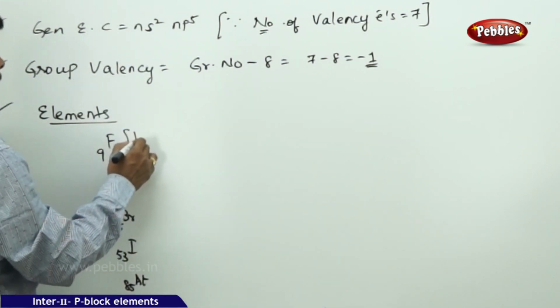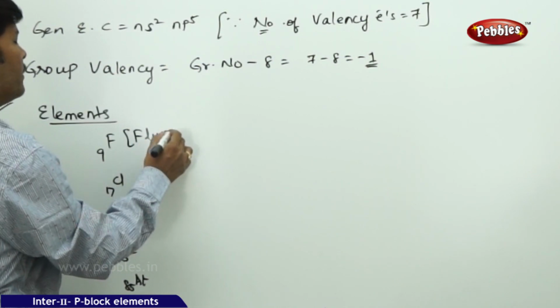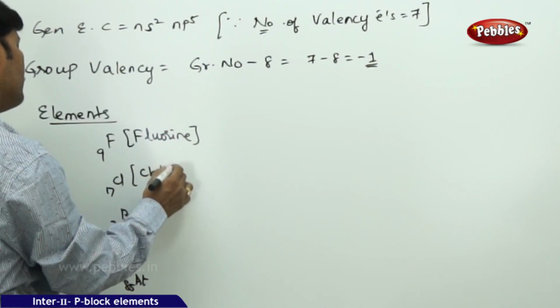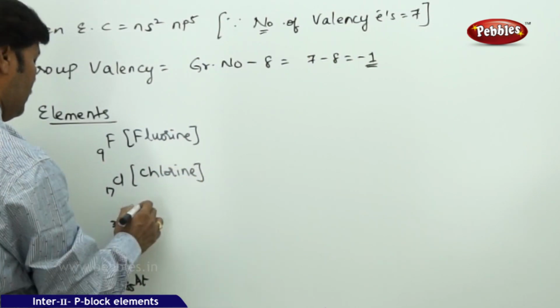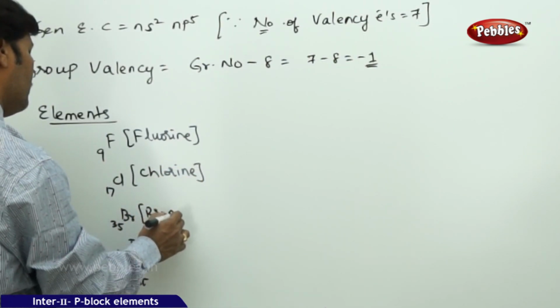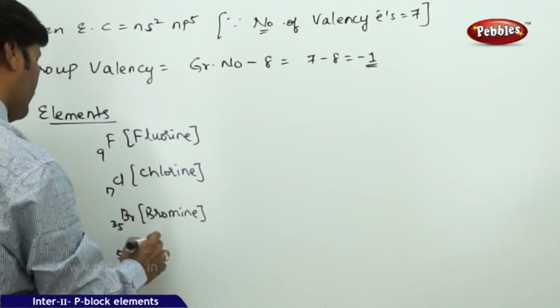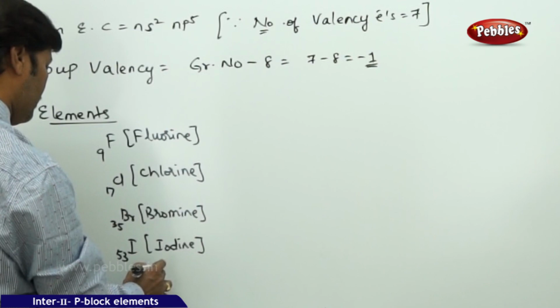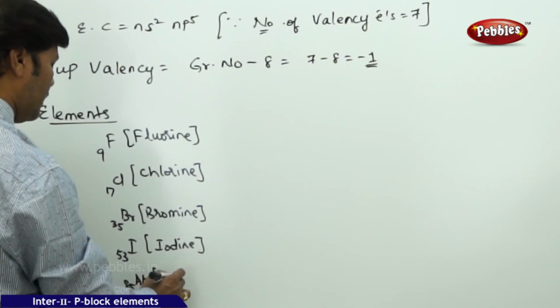Here F is fluorine, then chlorine, then bromine, then iodine, and the last one is astatine.